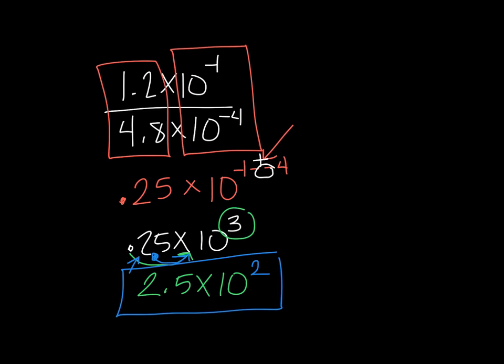I have one more example of something you can do with scientific notation that's kind of cool. And that is, what if you have 1.5 times 10 to the -4, and then you raise that to the 3rd power? So once again, we're using our exponent rules. And remember, with this exponent rule, if I have a multiplication, I can go ahead and apply this exponent to both of them.